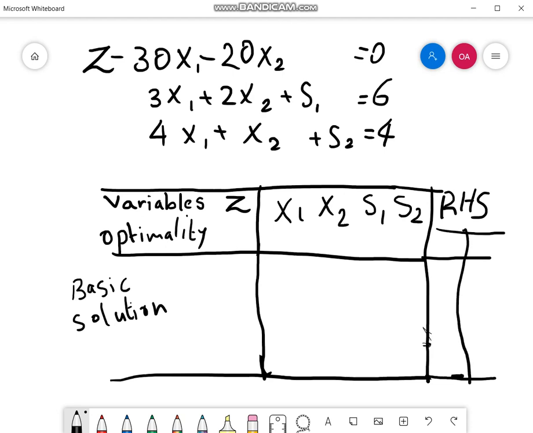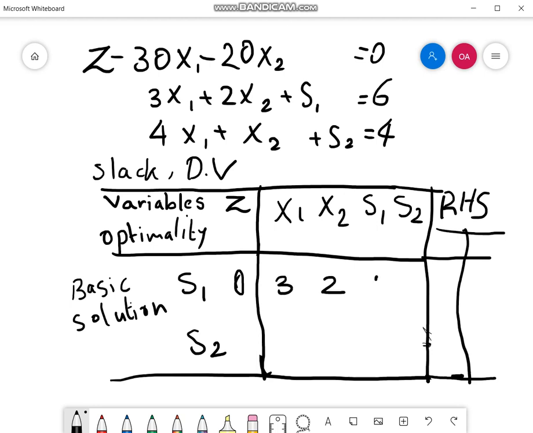Basically, if you have slack and decision variables, the priority goes to the slack, so the slack is considered to have the values. So here s1 is from the first constraint and s2 from the second constraint. The coefficients for the first constraint are 0 for z, 3 for x1, 2, 1, 0, with 6 on the right-hand side.